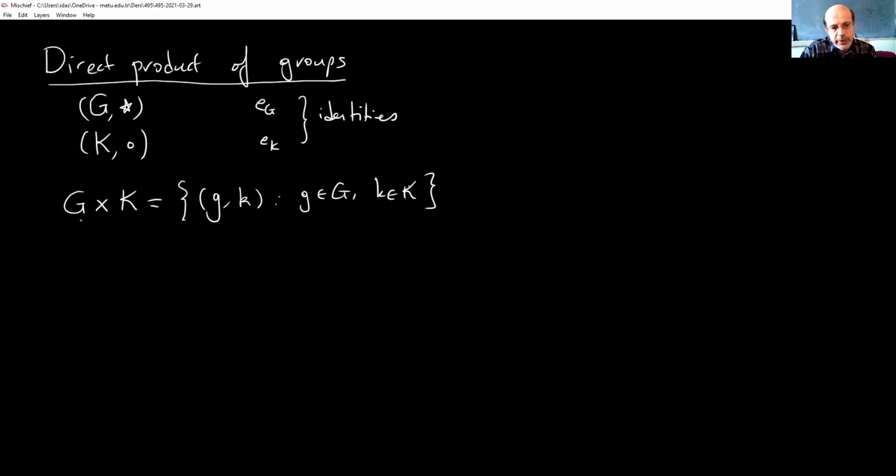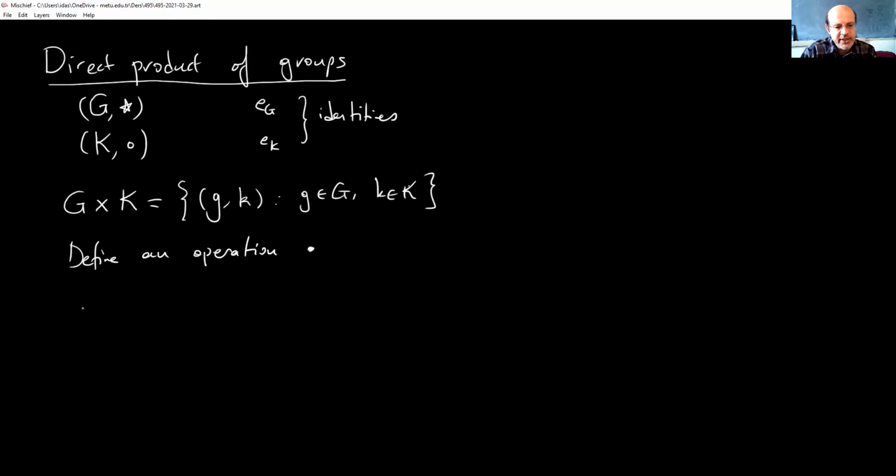In any case, what we do is we define some kind of an operation on this product set. Let's say define an operation, and I'm going to show it with a central dot in that case.